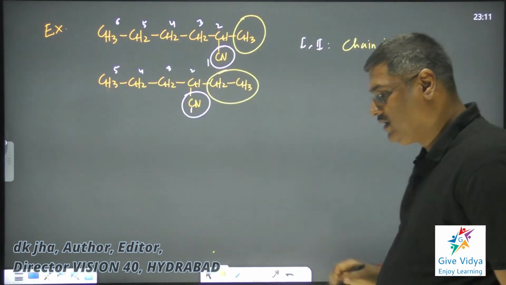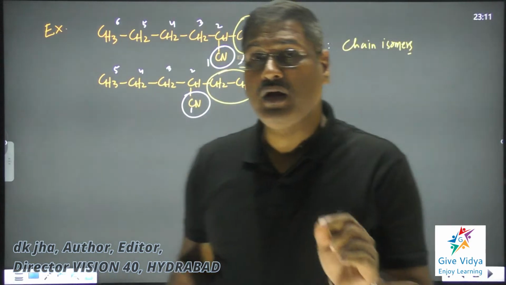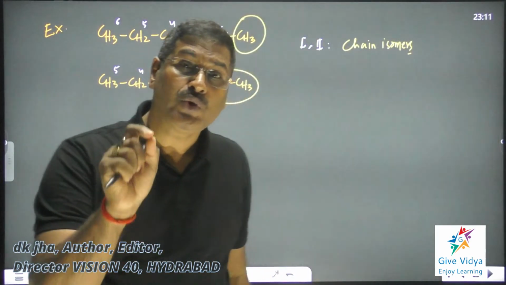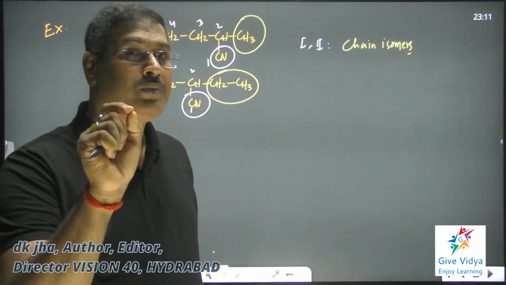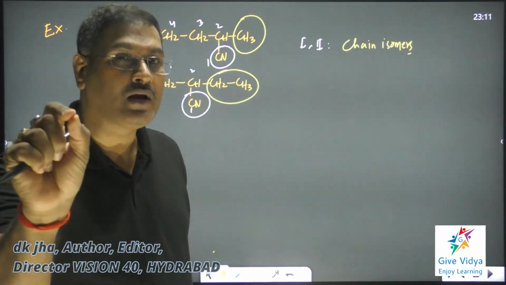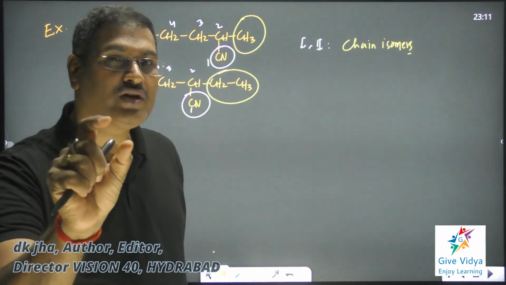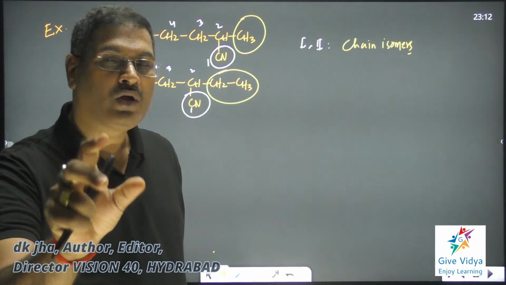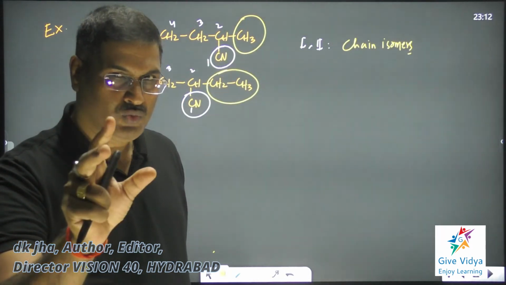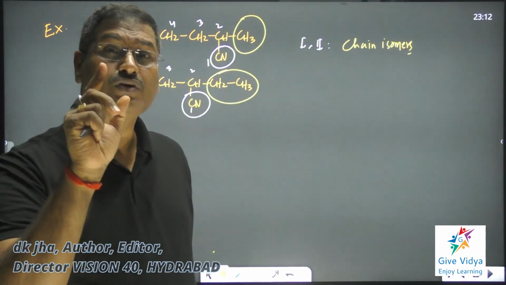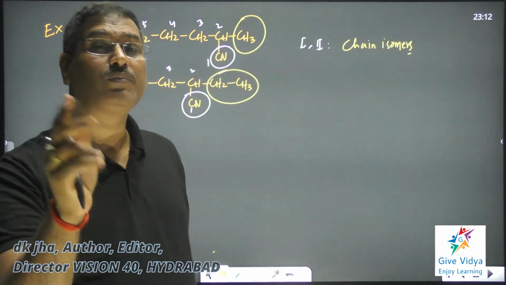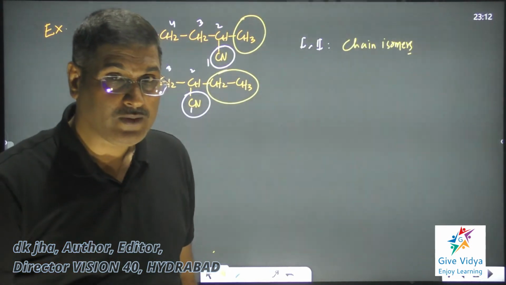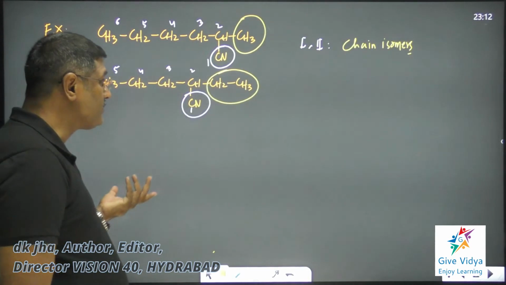Okay, this is the point I need to bring to your notice, very, very clearly: every change in position of a group is not the basis of position isomerism. You see this? It is CN.